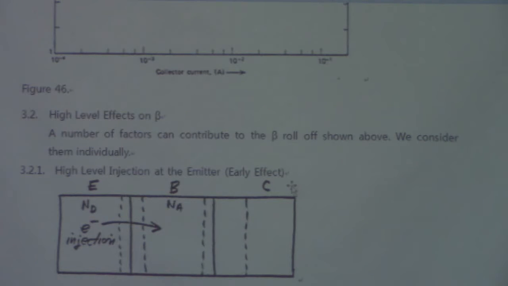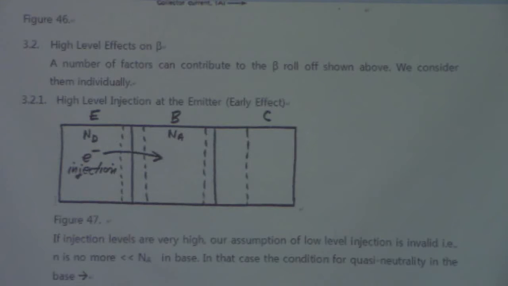The early effect, which is a high-level injection at the emitter, emitter voltage, high voltage of the emitter. That is going to be called the early effect. And then it's basically related to the extra electrons, which have been injected to the base across the space charge region between the emitter and base.